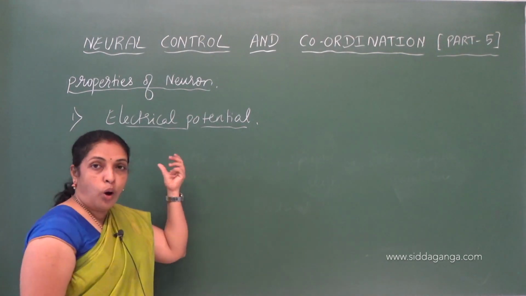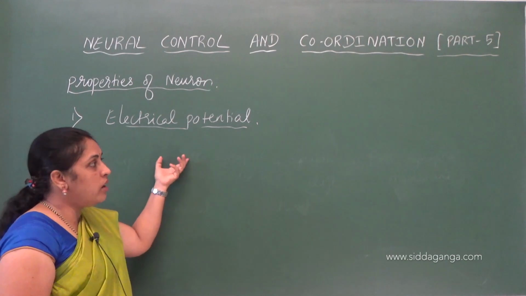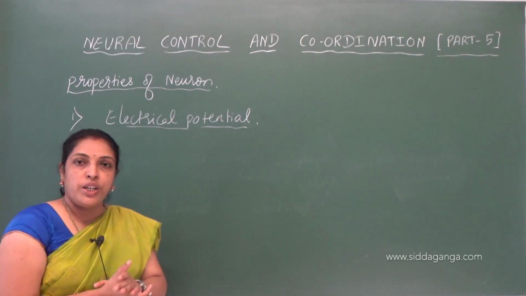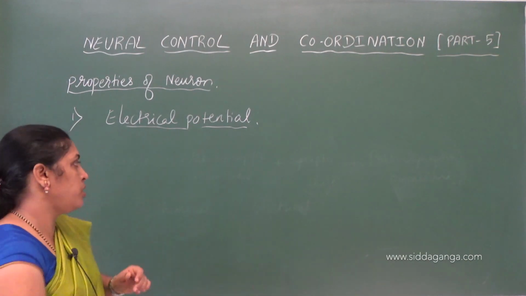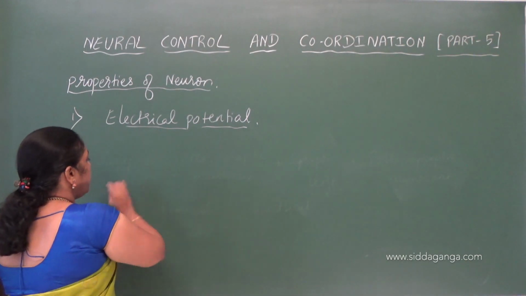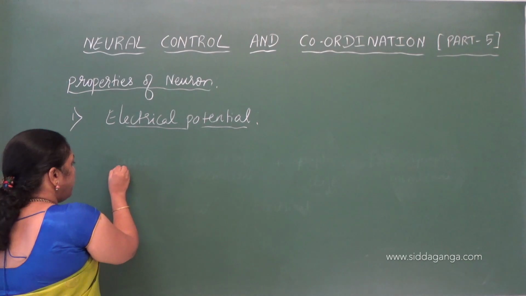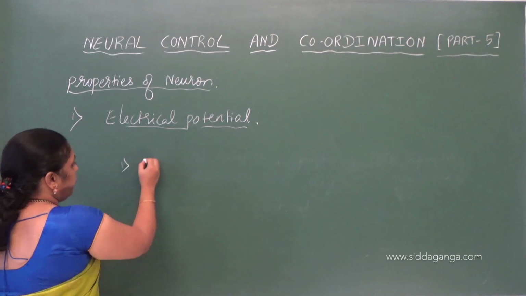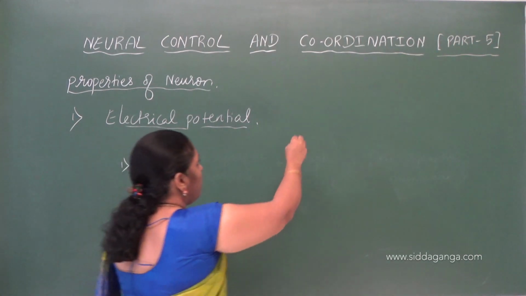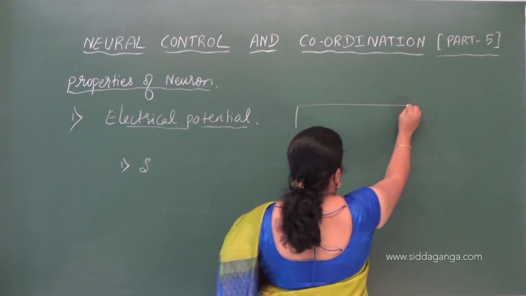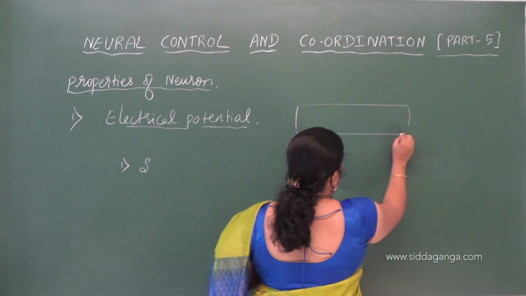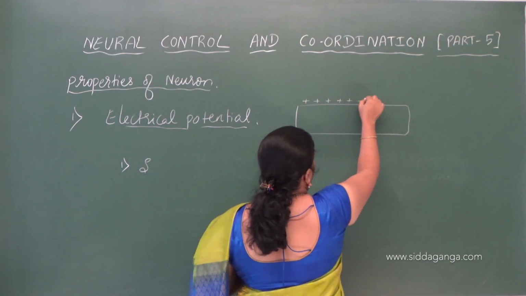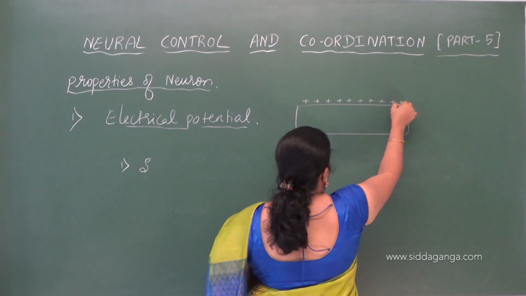As with all other cells, even the nerve cell is surrounded by extracellular fluid which contains ions and salts. This electrical potential in the membrane of the nerve is maintained by the ion distribution.